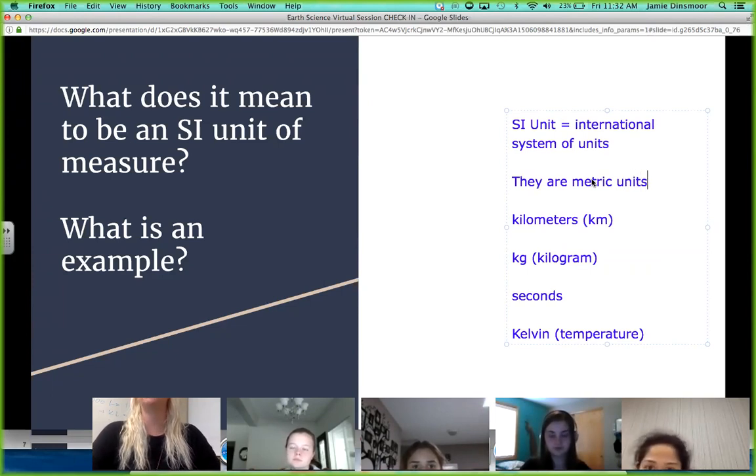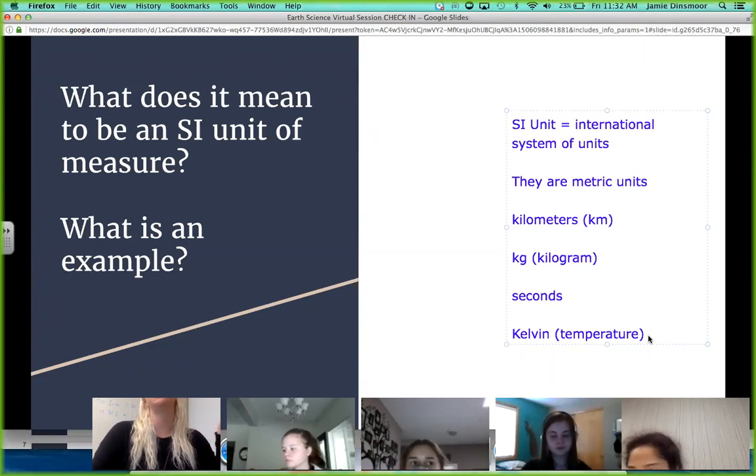Nobody uses inches, feet, yards, Fahrenheit, any of that stuff, right? Sometimes you will see, actually most of the time you'll see Celsius used for temperature rather than kelvins. You'll see seconds for the most part, although sometimes people will measure in minutes or hours, depending on what they're measuring.